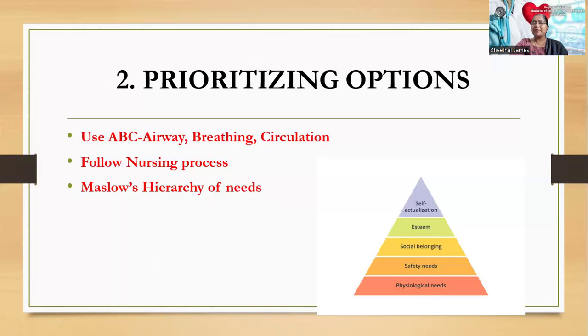So regarding Maslow's hierarchy of needs, the basic need is physiological needs. In the options, if any option is talking about meeting physiological needs, most probably that can be the answer to your question. Okay, and if there is nothing given about physiological needs, then it could be related to security needs, and that may include prevention of complications and things like that.